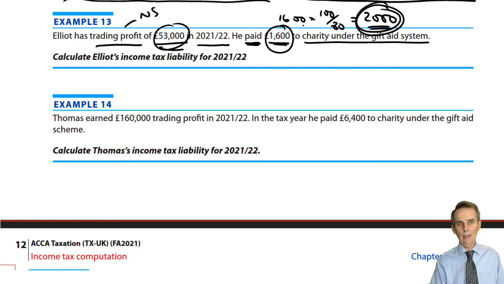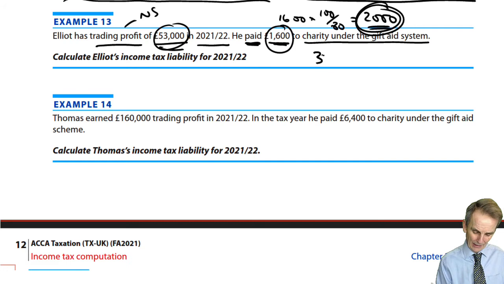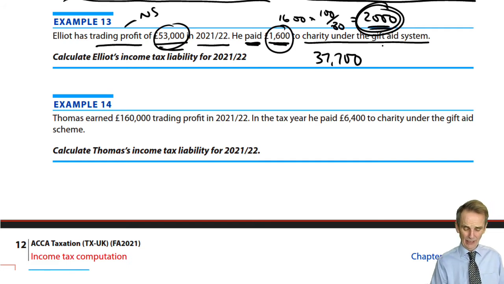You get taxable income. But when you tax that taxable income, you will not use a basic rate band limit, as it is and always has been until this point in time, of 37,700. You will extend that by the gross amount of the Gift Aid payment.